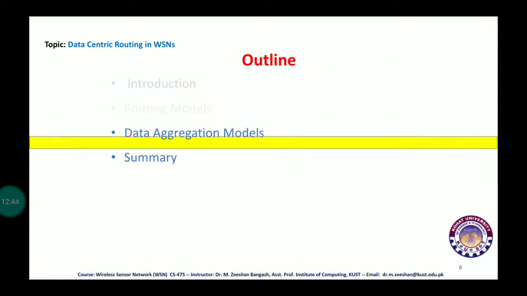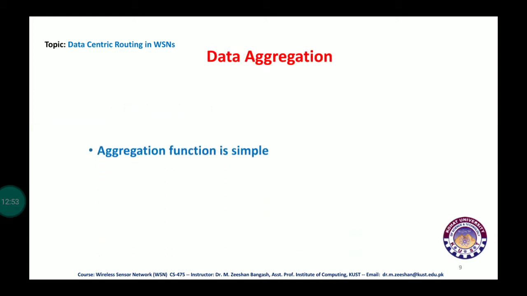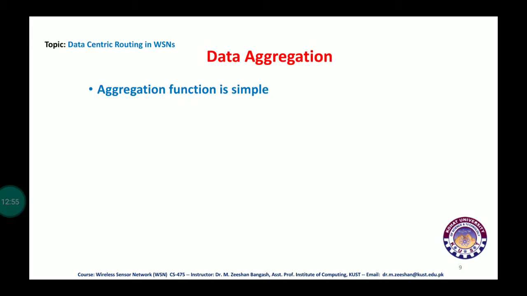So let's discuss some of the data aggregation models in detail. First of all, the data aggregation, and particularly the aggregation function, is very simple. It tries to suppress duplication and perform some aggregation function, so the duplication of the data can be avoided.